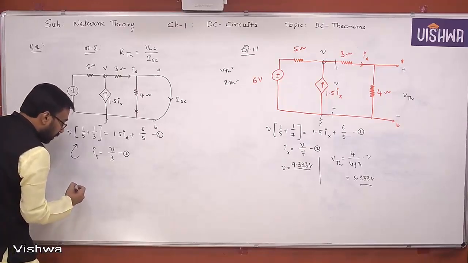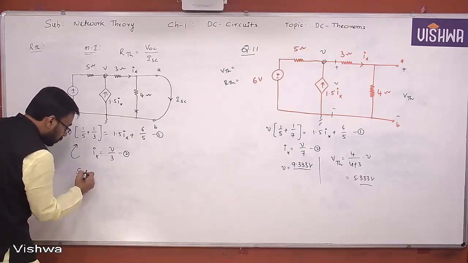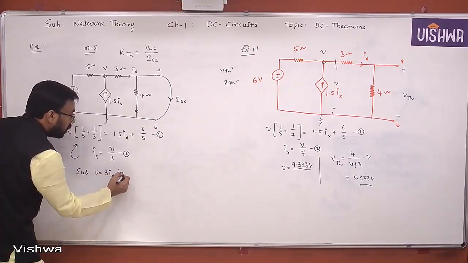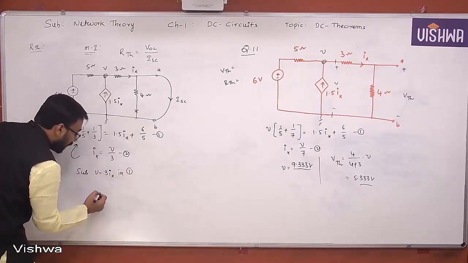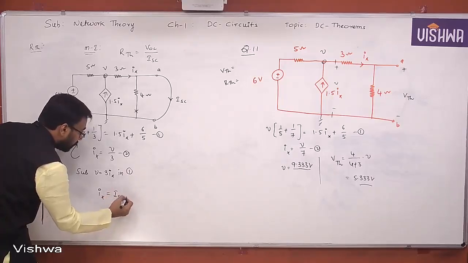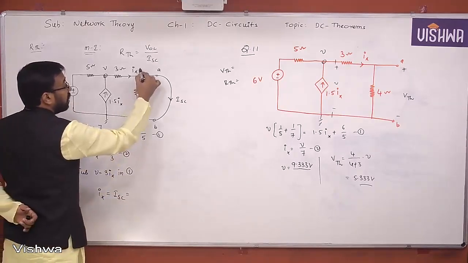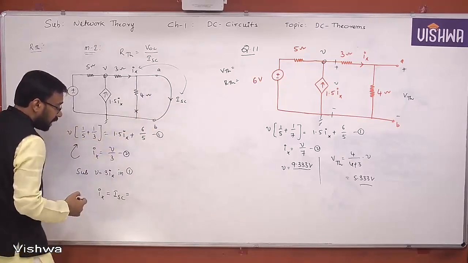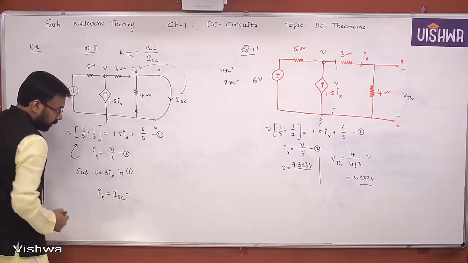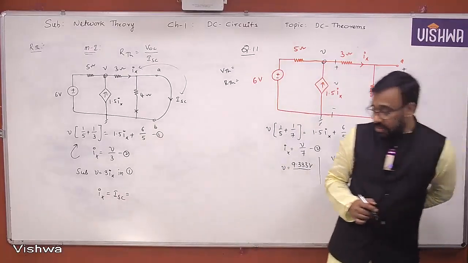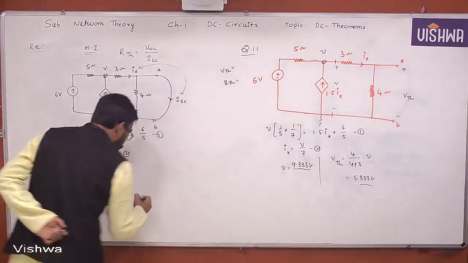Instead of that, substitute V is equal to 3 Ix in equation 1. Then you directly get Ix, nothing but ISC. Because here it is very clear, both Ix and I Norton are the same because it is neglected, the same path. Now you calculate. I just give you the answer here. Ix is nothing but 12 ampere.